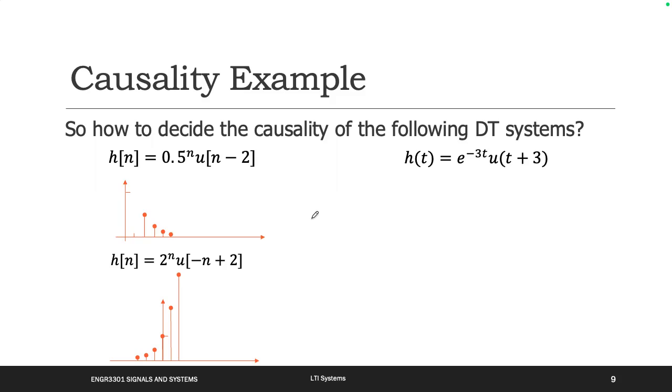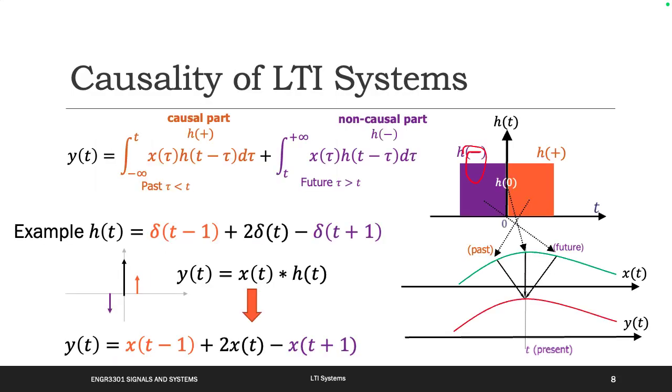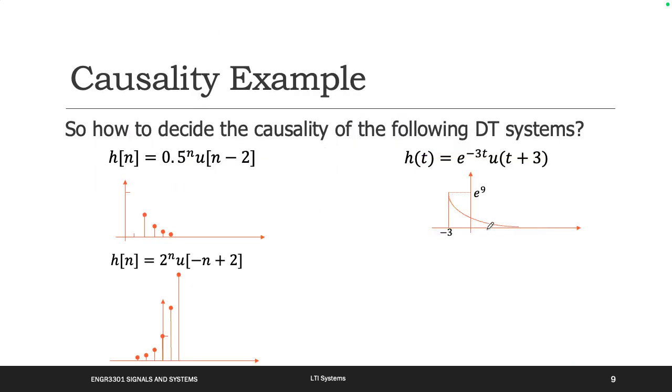So is this causal or not causal? Yeah, it is not causal. Only if you have value in this part is it causal. Otherwise, it is not. Even if you have just a little, it is not causal, because you have something in this part.